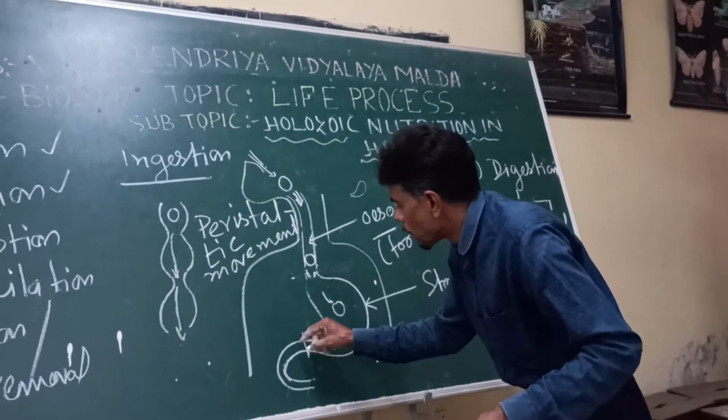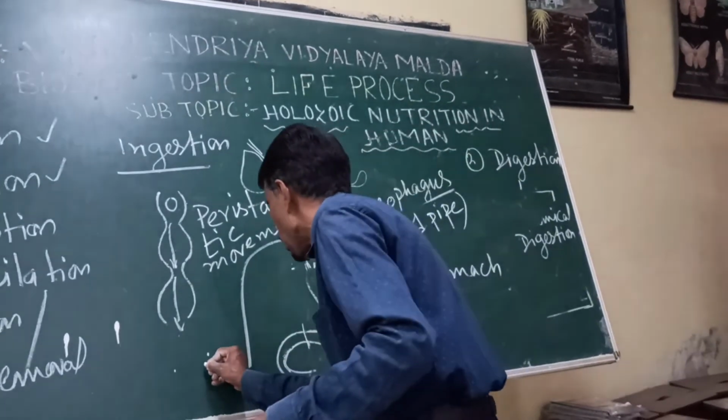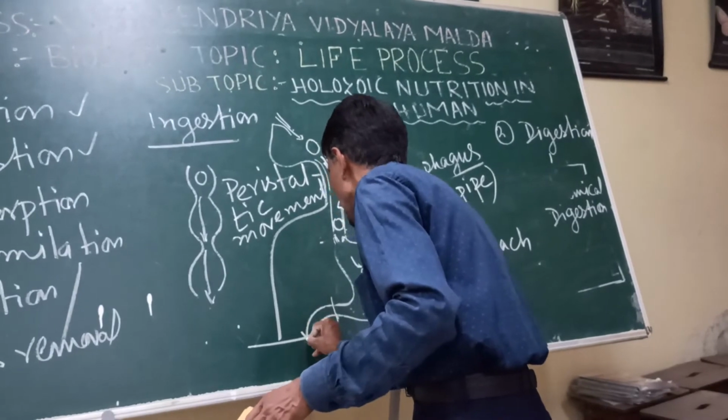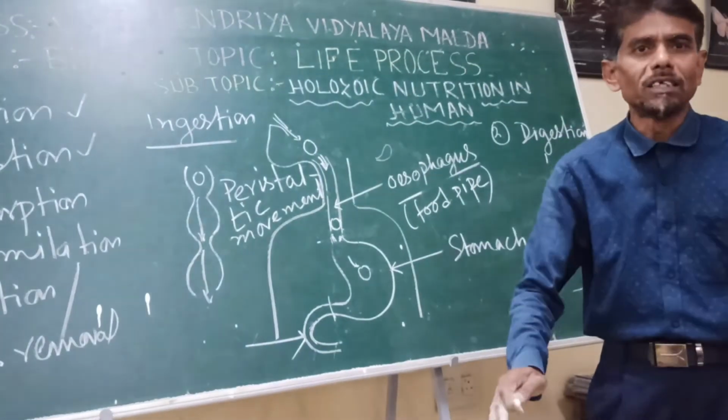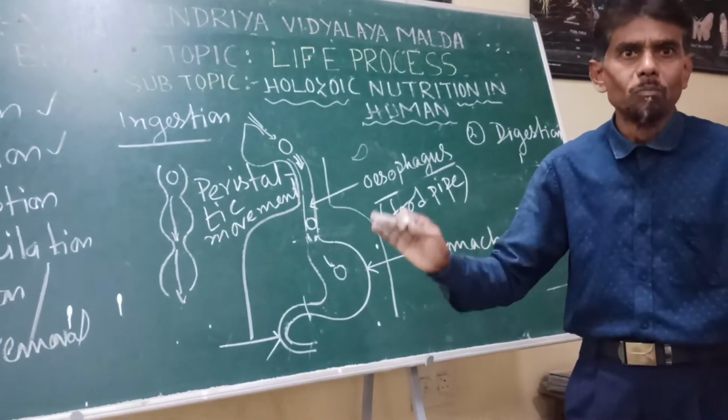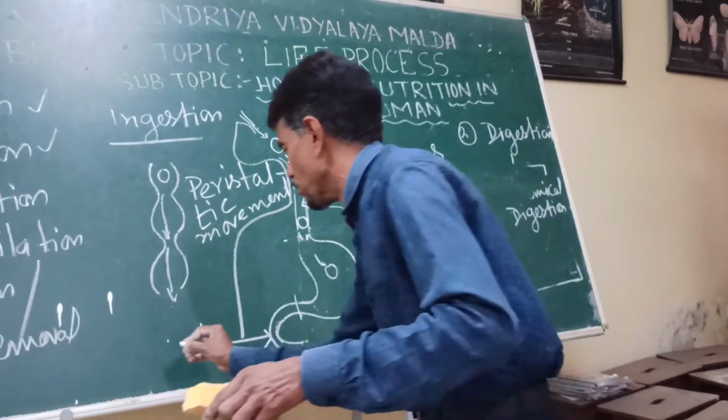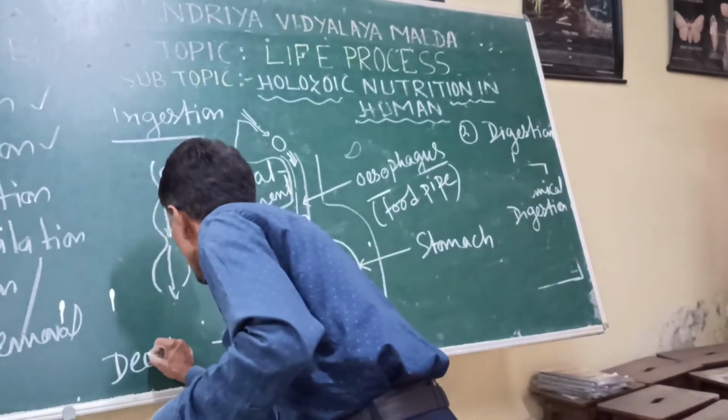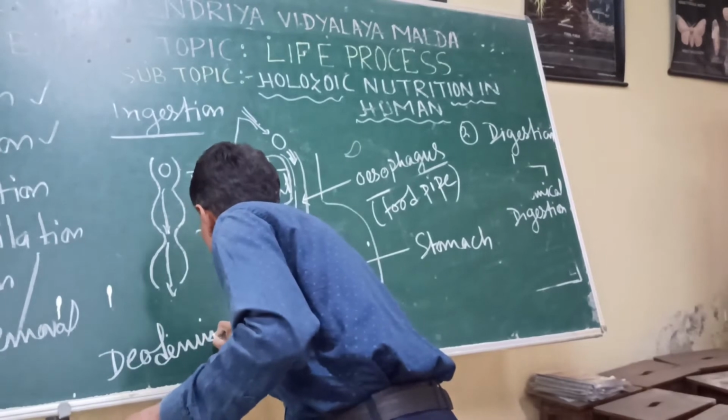This is the first part of the small intestine, called the duodenum. What is it called? Duodenum.